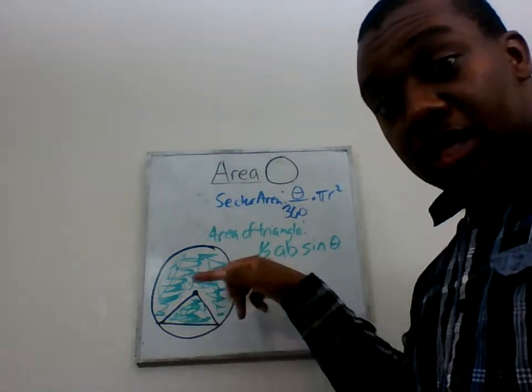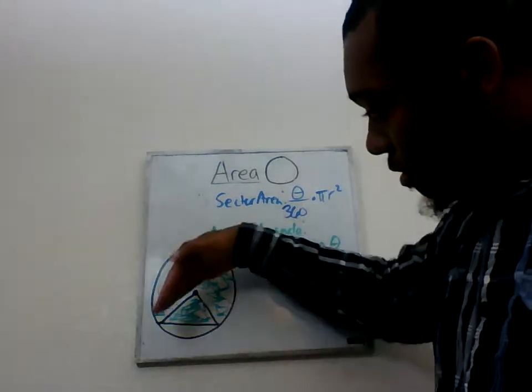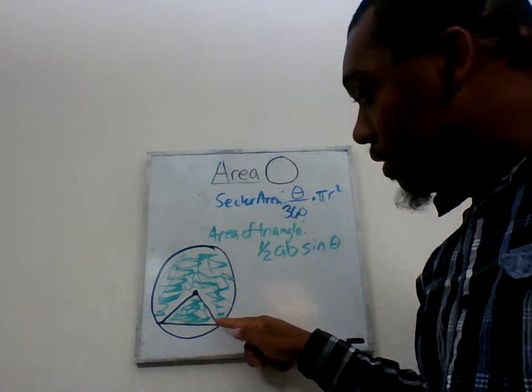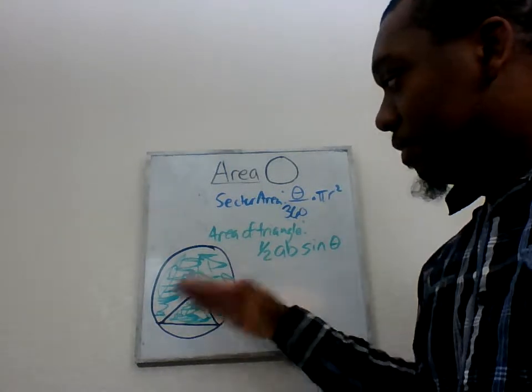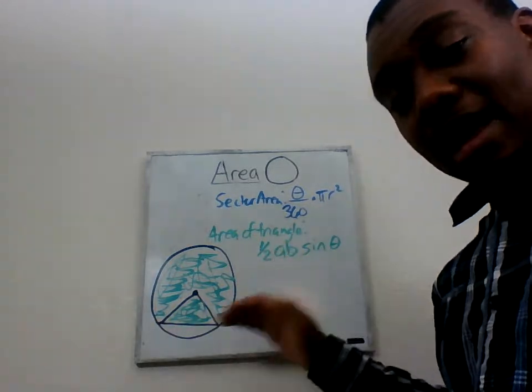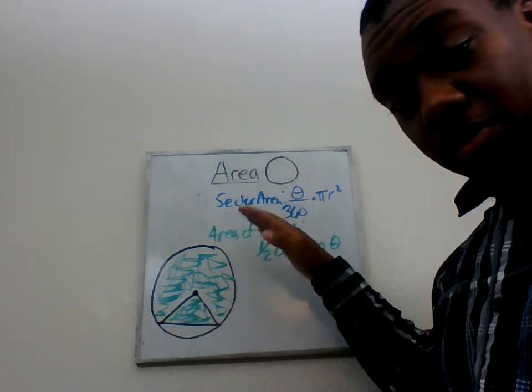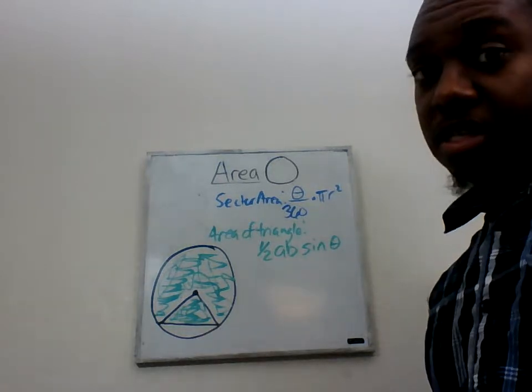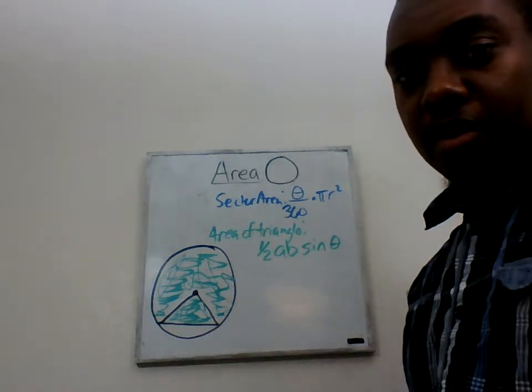Notice how the triangle is within the sector. So the sector goes from here all the way around to here. We add the triangle in there because that's where the chord cuts it off. That is now our segment. That whole thing there is still a segment. It's not this part that's not shaded. That part that's not shaded is also a segment, but in this case, it's not the one we're looking for.